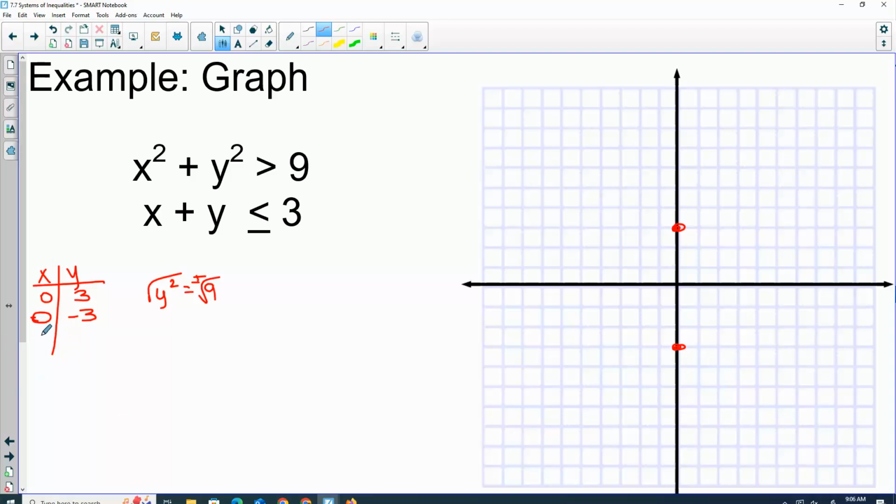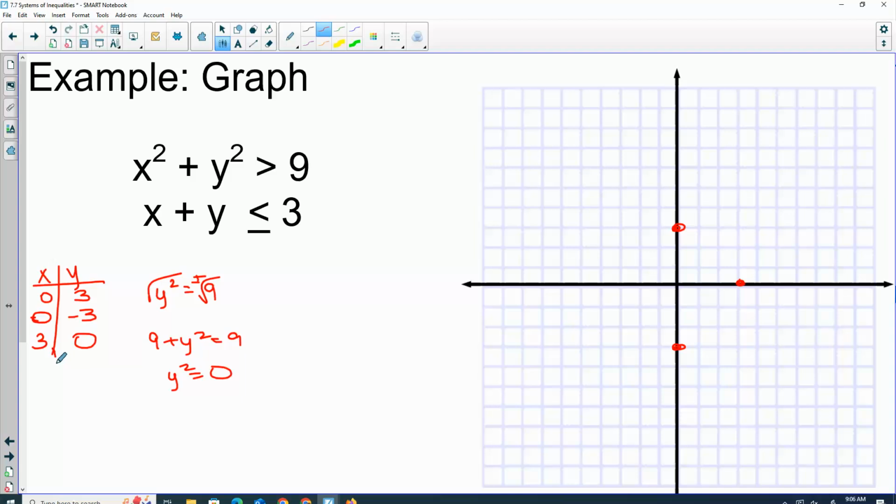Okay, what if I put in 3 for my x? Then I would have 9 plus y squared equals 9. So y squared is 0, so what's y? What's the square root of 0? So we get 3, 0.